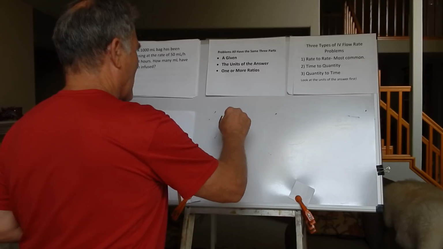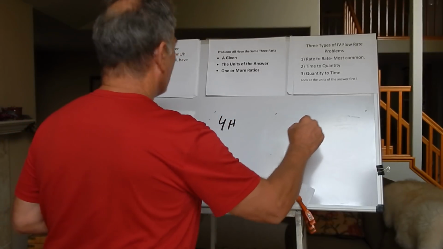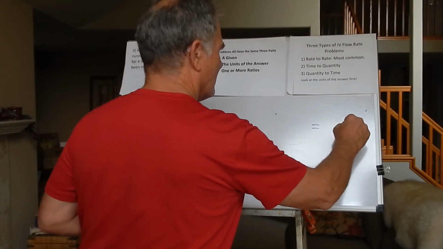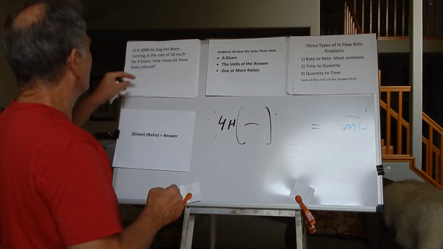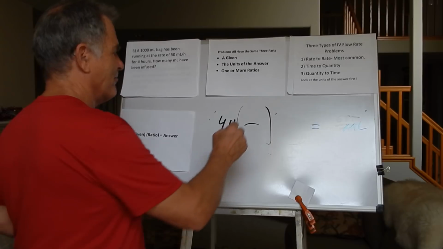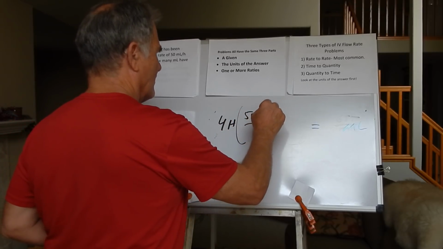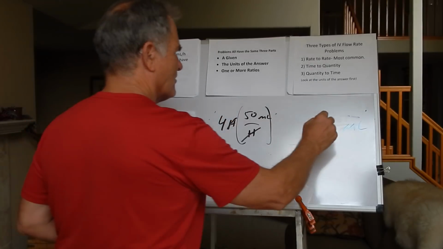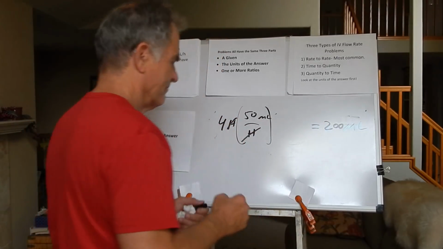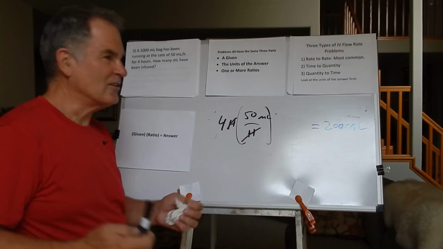So it's just 4 hours, and you want to end up with mLs. Right. Okay, now the ratios, you have 50 mLs per hour. Okay, so 4 times 50 is 200 mLs. Okay, that was an easy one, right?